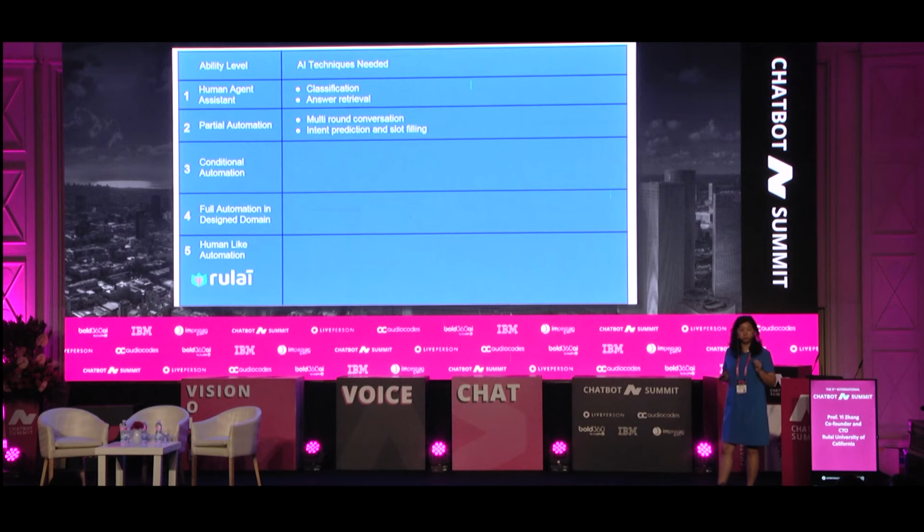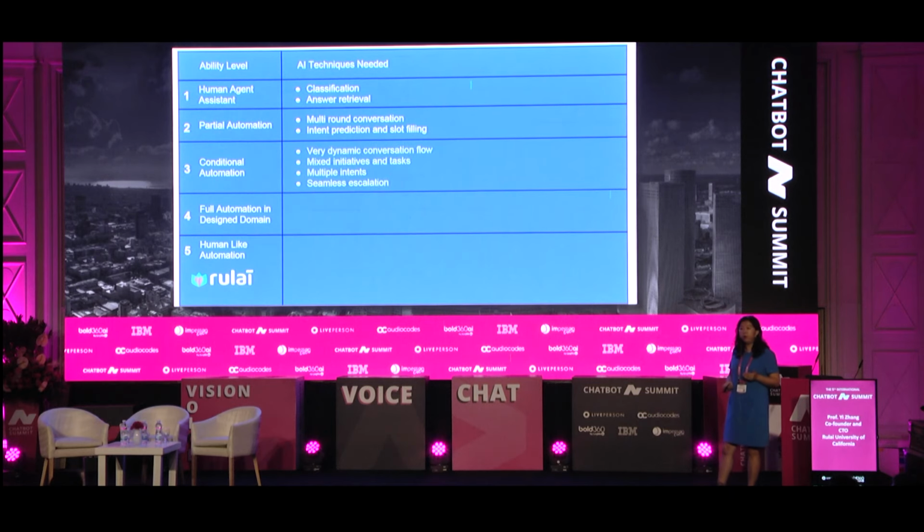So that's level 2. Level 3 comes one step further. If the tasks and use cases are designed, and in most cases, even when the conversation flow happens unexpectedly, the virtual assistant should have the ability to solve it. That's level 3.